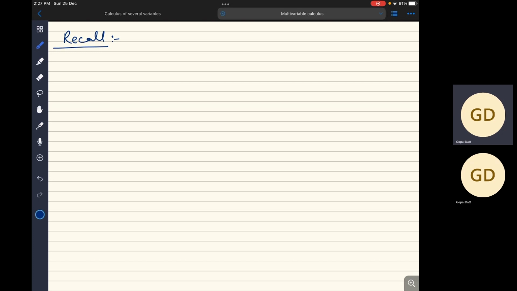So what we were assuming is that f is a function from an open set A to Rn. Okay, so this A is an open subset of Rn.